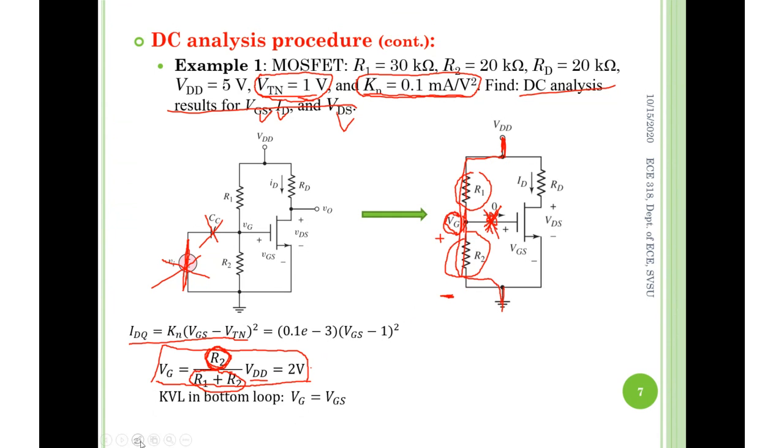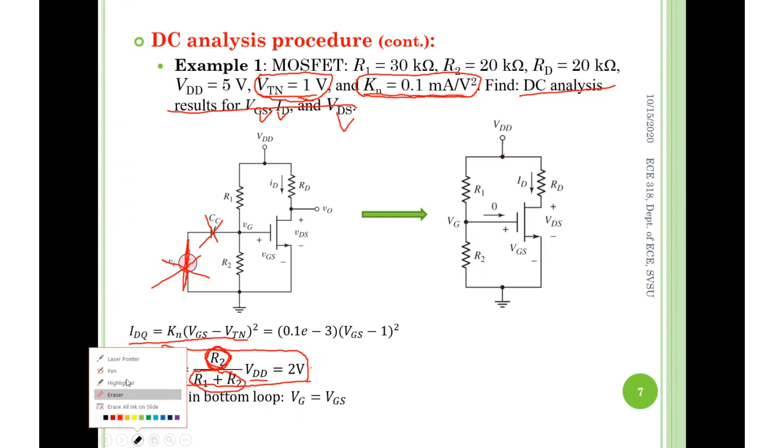What does it mean by VGS loop KVL? We erase these things. VGS KVL. First of all, you need to find the loop. The loop is here. VGS loop means the loop containing VGS. Not up here, okay? This loop containing what? R1, RD, and whom? VDG.